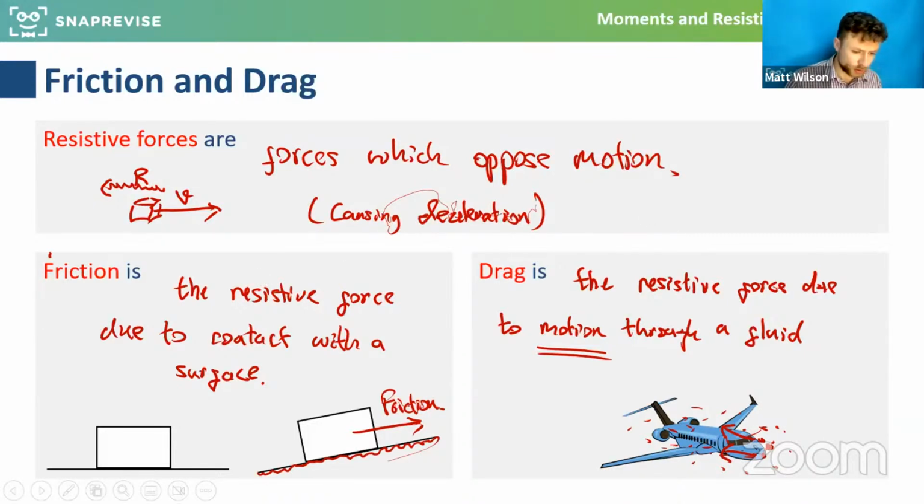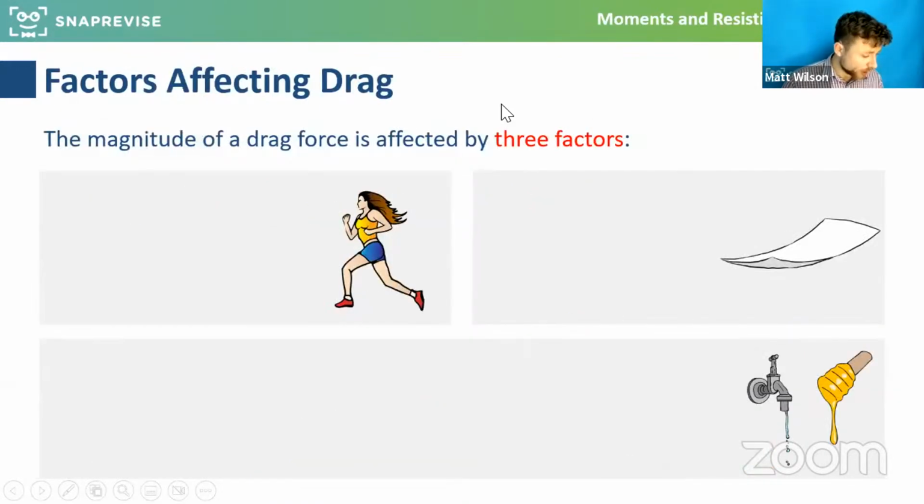Okay, good. So that's a quick introduction to the two main types of resistive force. We're going to focus on drag more now for the rest of this session. And one thing that's worth thinking about is the kinds of factors involved that can affect how large a drag force you feel.